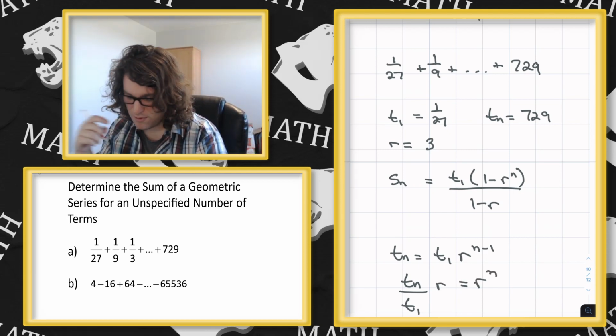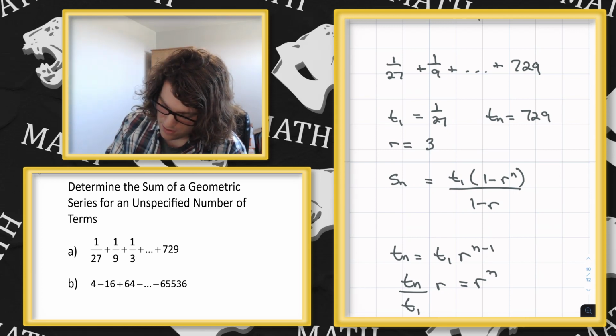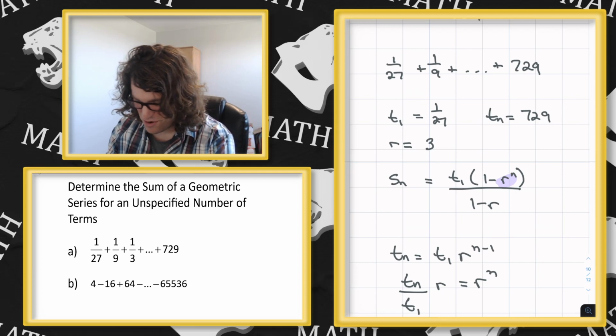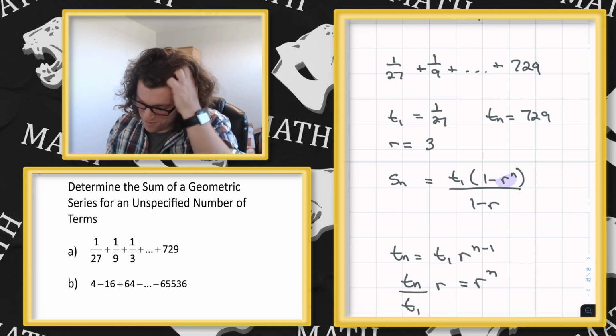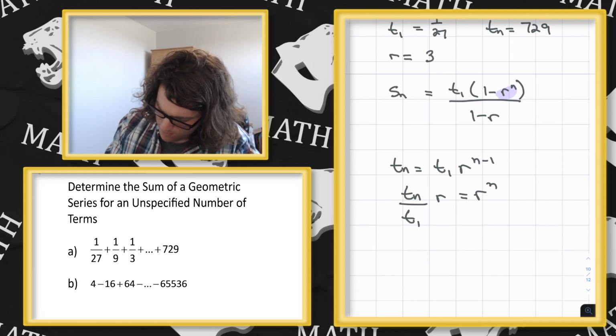So I could replace the r to the n in this equation by Tn over T1 times r, which I'm going to do and see how it tidies up.